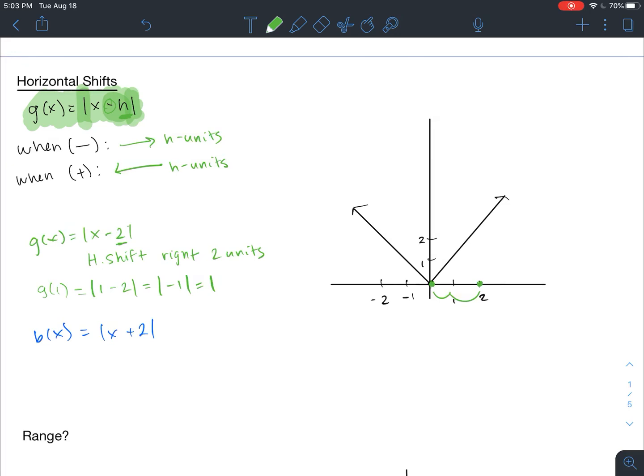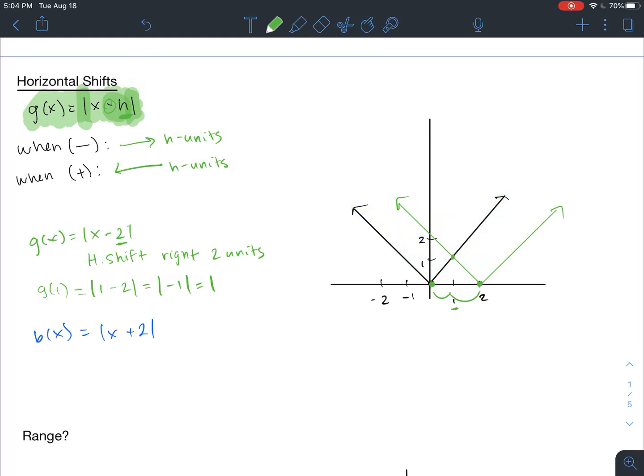So when my x is 1, like right here, our y value is going to be 1. Let's go ahead and connect those dots and draw our line. And like we said before, this is symmetrical. So going off in this direction, we have another line just like that. So you can see that this entire graph has been shifted over to the right 2 units.